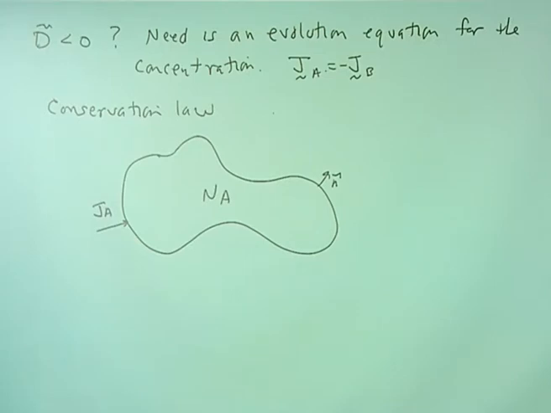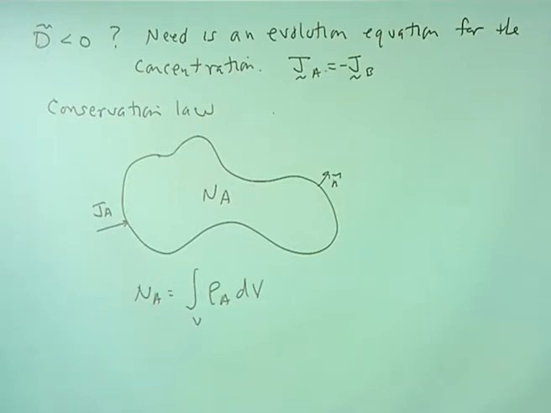And so the number of A atoms in the volume is going to be the integral over the volume of the density of A atoms dV. So it's a conserved quantity, and that means that we can relate the flux of atoms coming in along the surface, along the outside of the domain, to the total number of atoms in here.